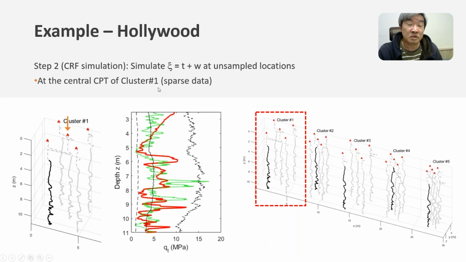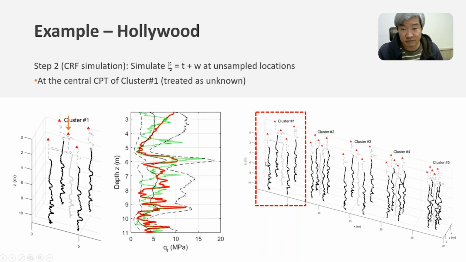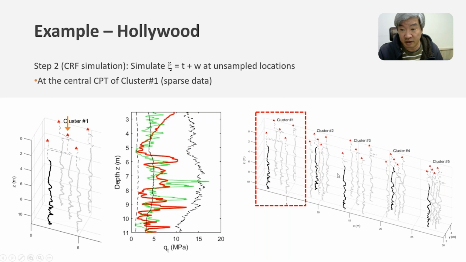Now, in this PPT, I want to demonstrate the effect of having only very sparse data. Previously, we had 20 known CPTs. How about we only have 5 known CPTs? What will happen if I still want to simulate this location?